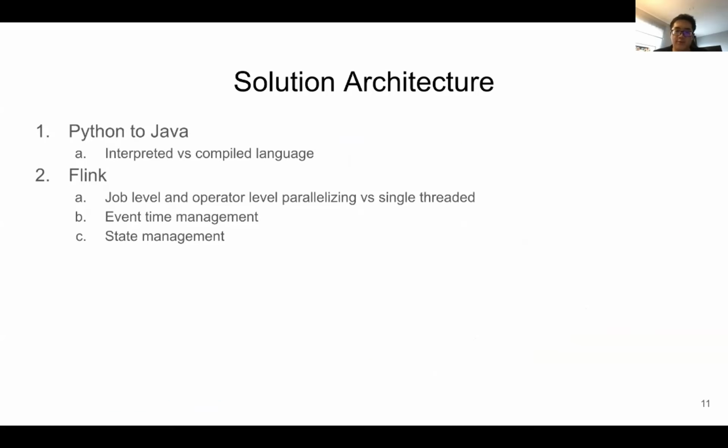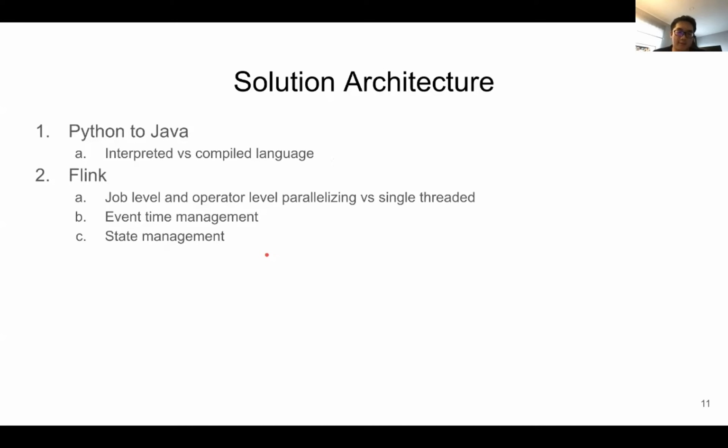Moving to the solution architecture, the first thing that we did was move from Python to Java. Java is a compiled language, unlike Python, which is an interpreted language. The advantage is that it's usually faster because there's a lower layer. Second is the use of Flink.